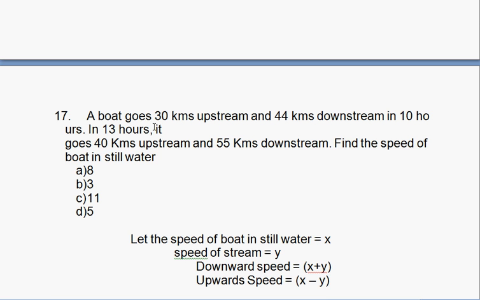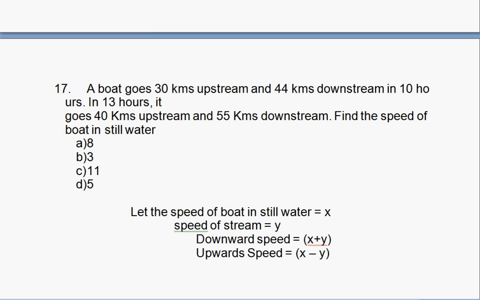Now it goes 30 kilometers upstream and 44 kilometers downstream in 10 hours. We know that time is equal to distance upon speed, which means 30 kilometers upon the upstream speed x minus y, plus 44 kilometers downstream, which is x plus y, and this is equal to 10 hours.